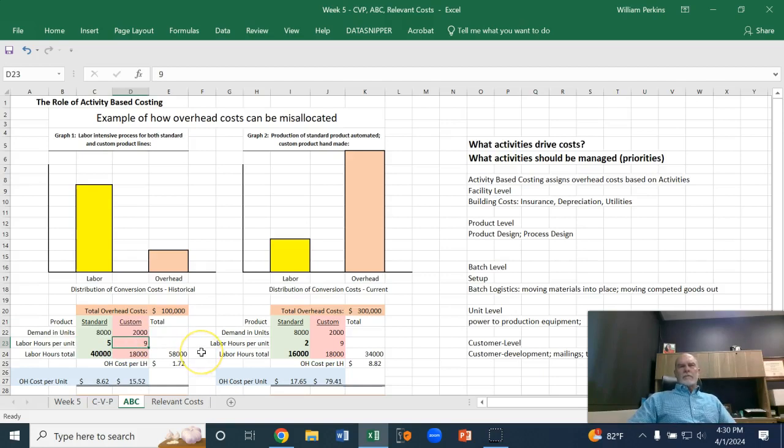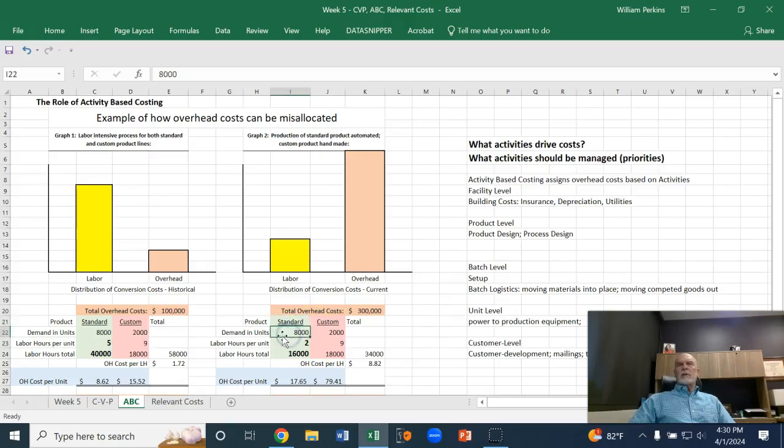Well, what if we decided to automate a bunch of this process? So we put in a bunch of automated equipment, and what that does is it replaces some of our labor cost. So we have a lot more overhead cost here, but the purpose of it is to replace a lot of those standard units. So now, under this new scenario, this automated line, we make the standard items.